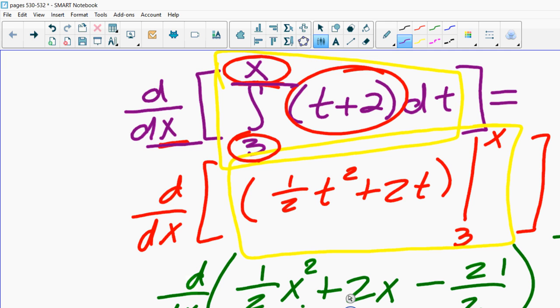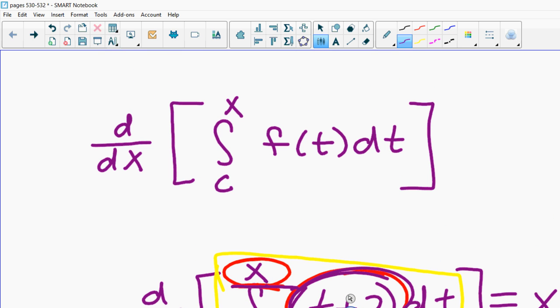When that happens, your answer is going to be this expression evaluated right here, x plus 2. That is the second part of the fundamental theorem. What do you think the answer to this is? F of t. This is f of t.